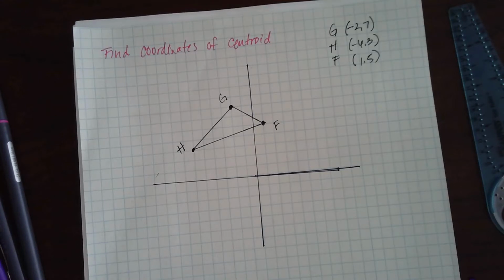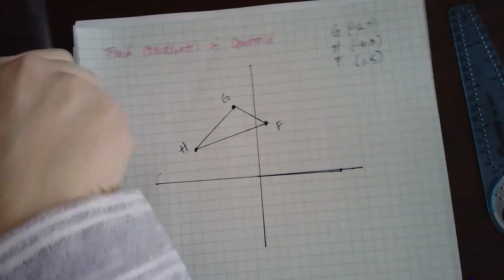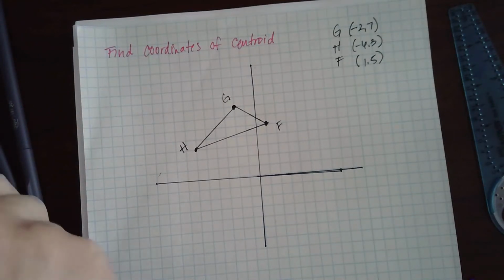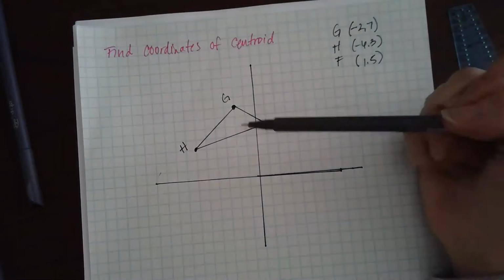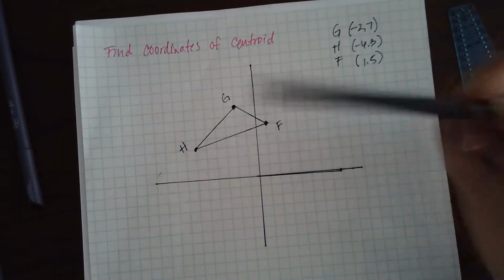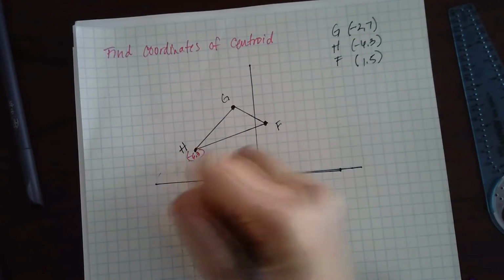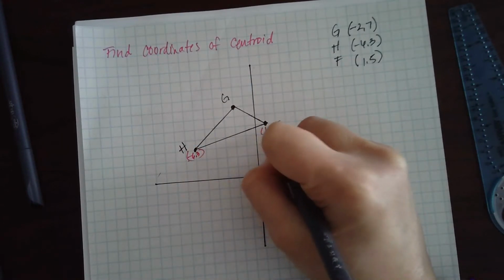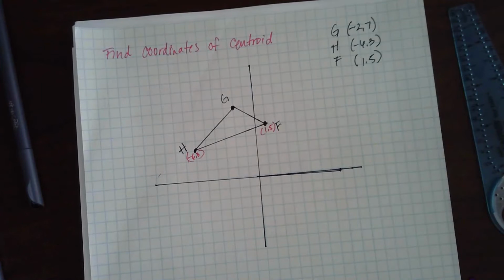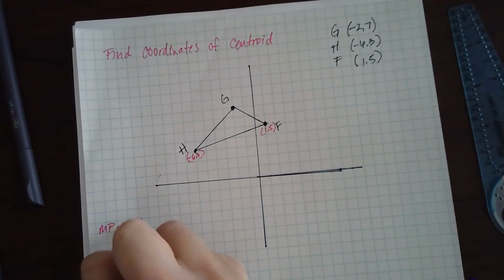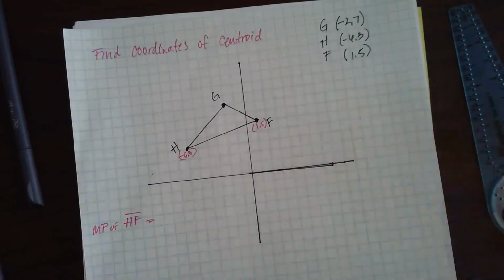All right, so in order to do that, I need to do a little bit of work. I'm going to start with finding the median from G to the midpoint of HF. So my first step is to find the midpoint of HF, and the reason I'm doing that is so I can figure out the median.